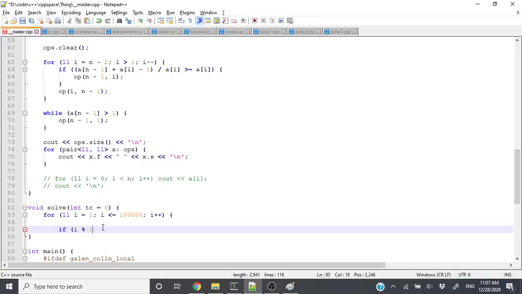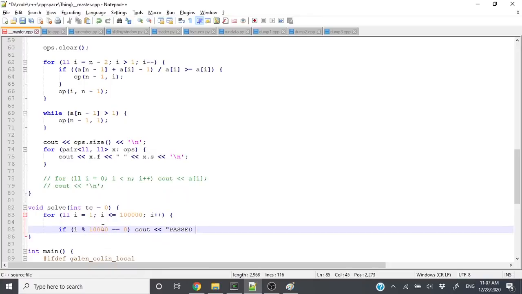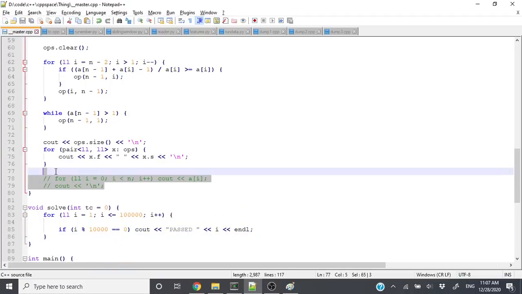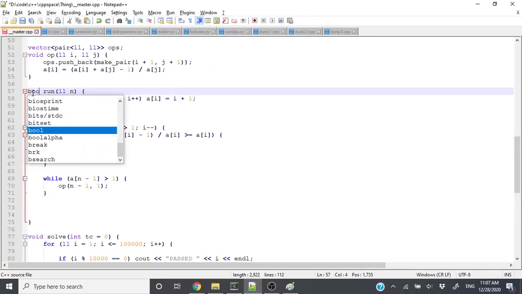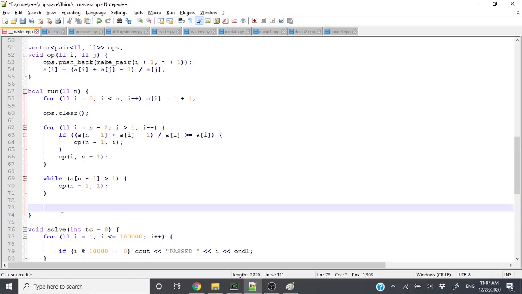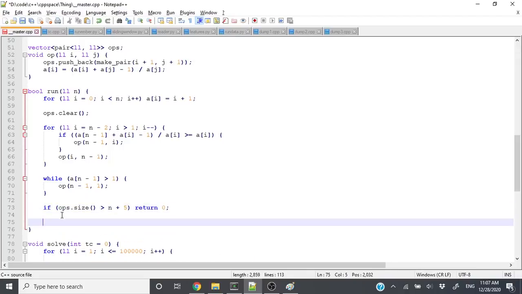If I mod 10,000 equal to 0. So bool, if ops.size is greater than n plus 5, return false.